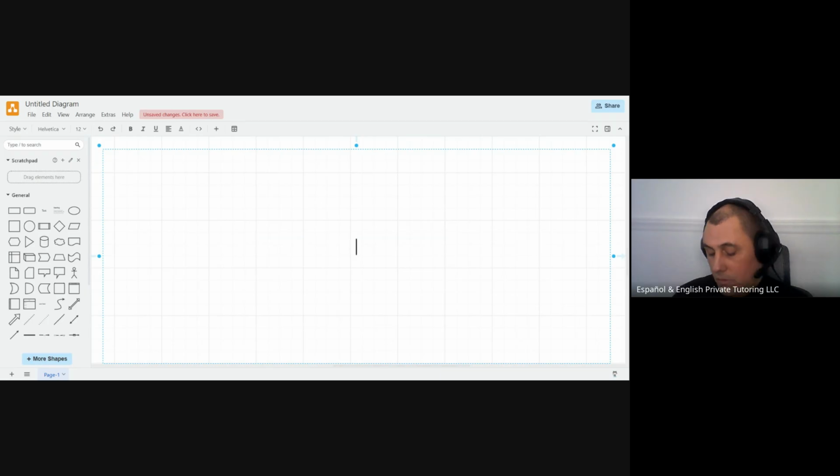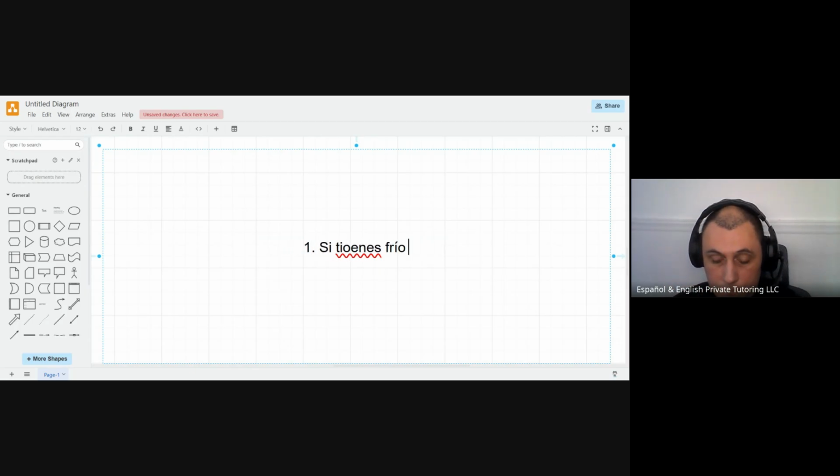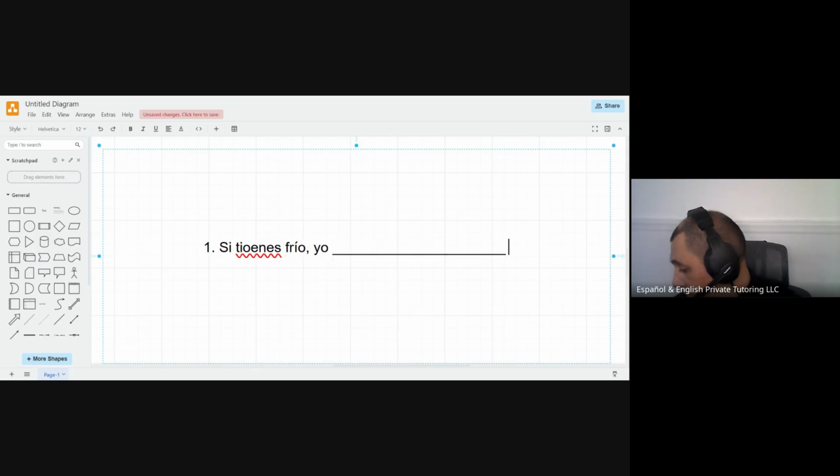Si tienes frío, I'm going to put the sentence here. So according to the book, this is the sentence: Si tienes frío, yo blank un suéter.